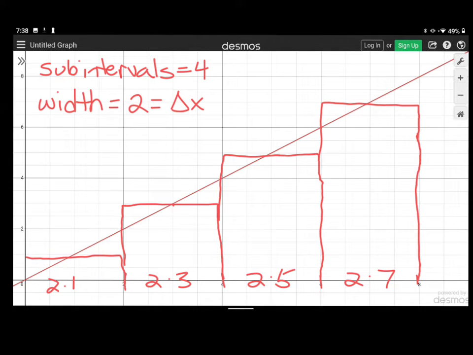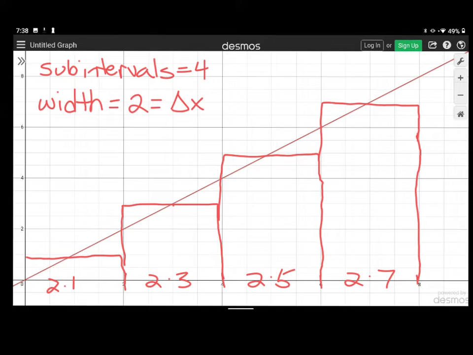Now I'm counting up, but just to make sure that we're all on the same page here, we are trying to find the area of all these rectangles, and we need a length and a width. So if we call our width this change in x, then right now it's easier just counting up to get to the height.